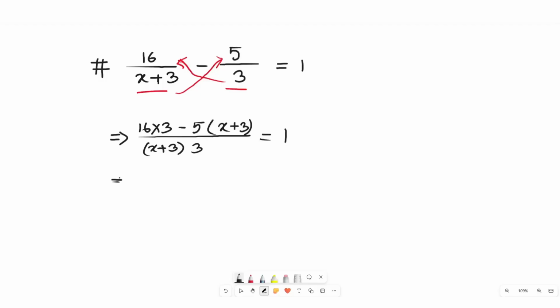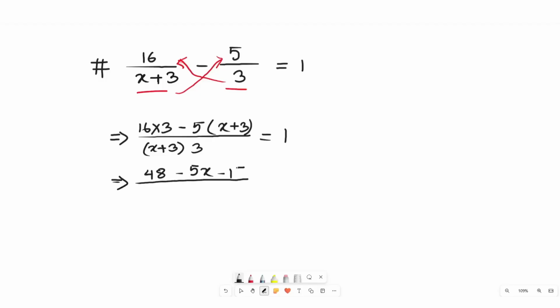Now let's solve our new fraction. 16 times 3 equals 48. So 48 minus 5x, and if we multiply negative 5 with positive 3, we'll get minus 15. So 48 minus 5x minus 15. And if we solve the denominator, we'll get 3x plus 9.